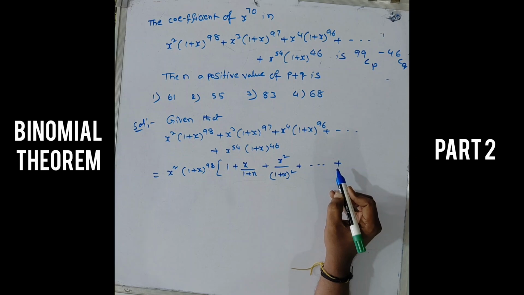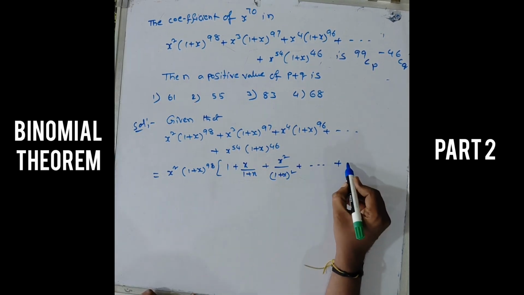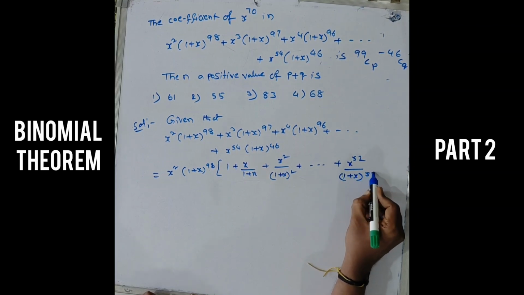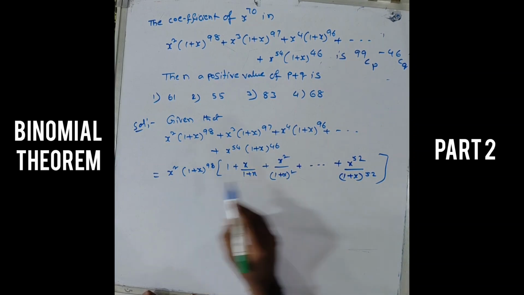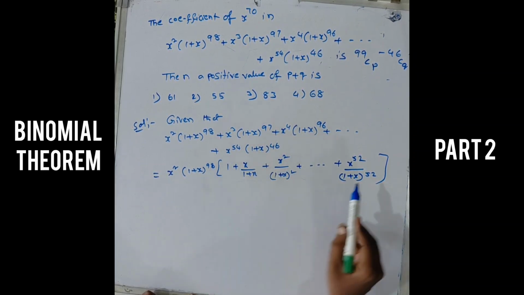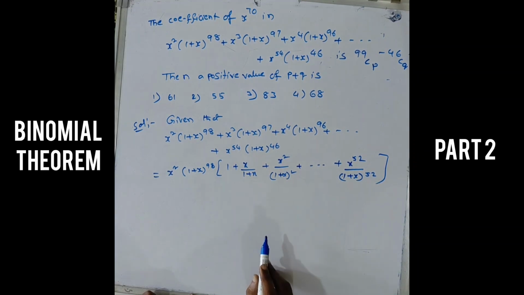Finally x^52 by (1+x)^52: x^2 into x^52 is x^54, and 98 minus 52 is 46. Okay.